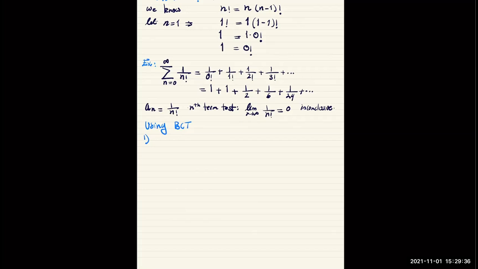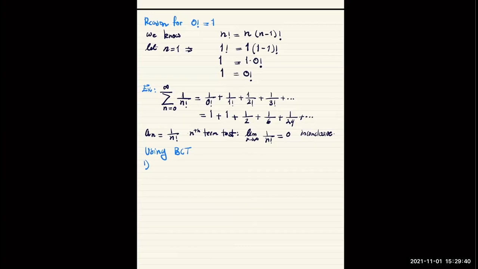If you look at the denominator of the nth term, the denominator is n factorial. The question is, does n factorial grow fast enough for the whole thing to converge? You understand that? That's what we are asking.